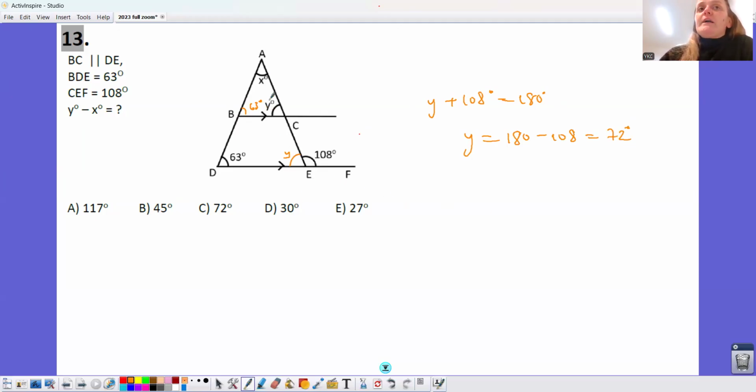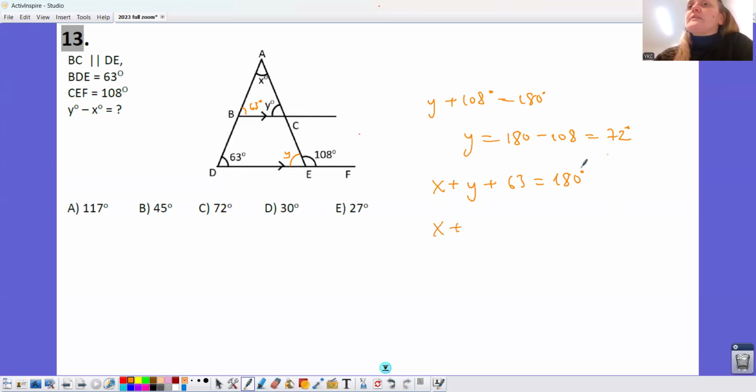Then if we know y, as you can see in the big triangle ADE or in the small one ABC, we have x plus y plus 63, which are interior angles of a triangle, and we know that the sum of the interior angles is 180 degrees. So we know y, and we will find x.